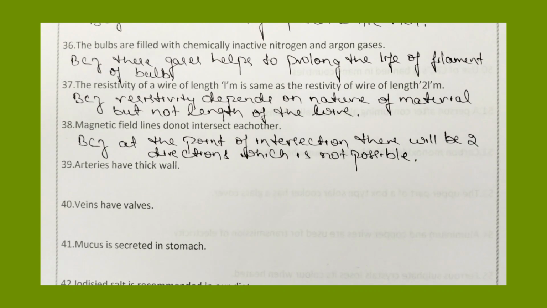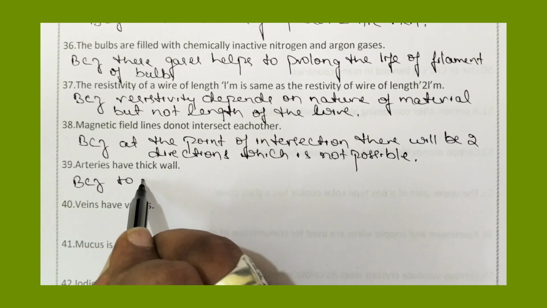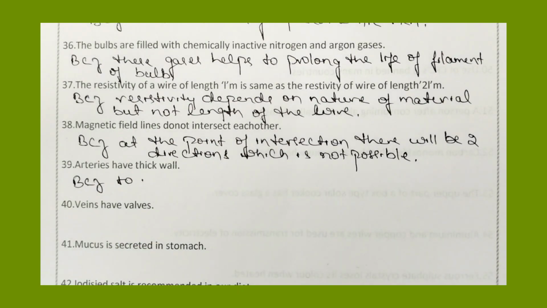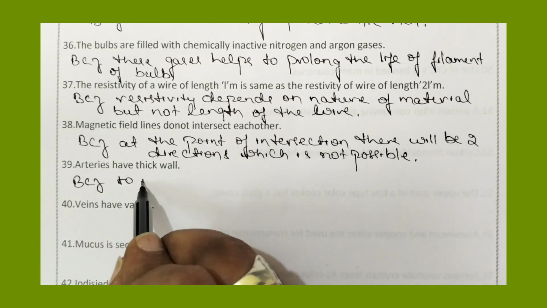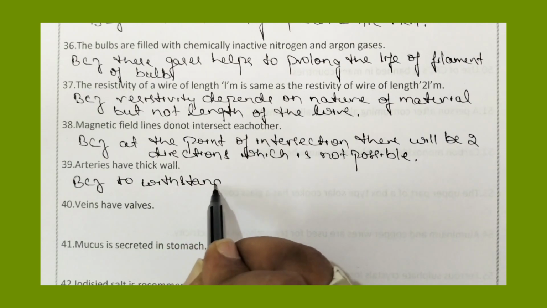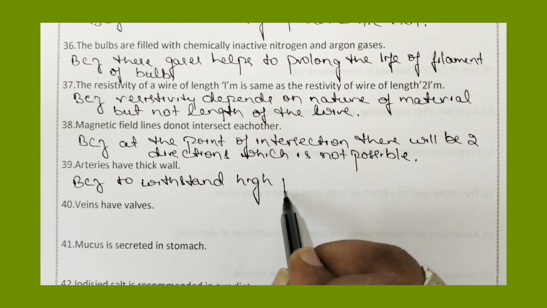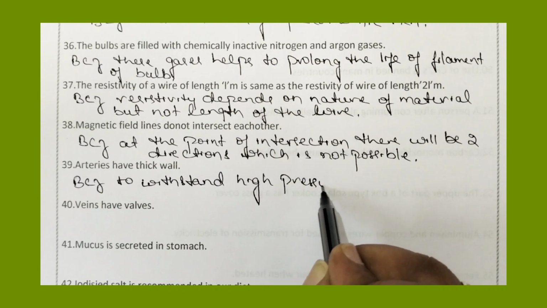Question number 39. Arteries have thick walls. Why do the arteries have thick walls? Because they have to withstand the high pressure flow of blood.